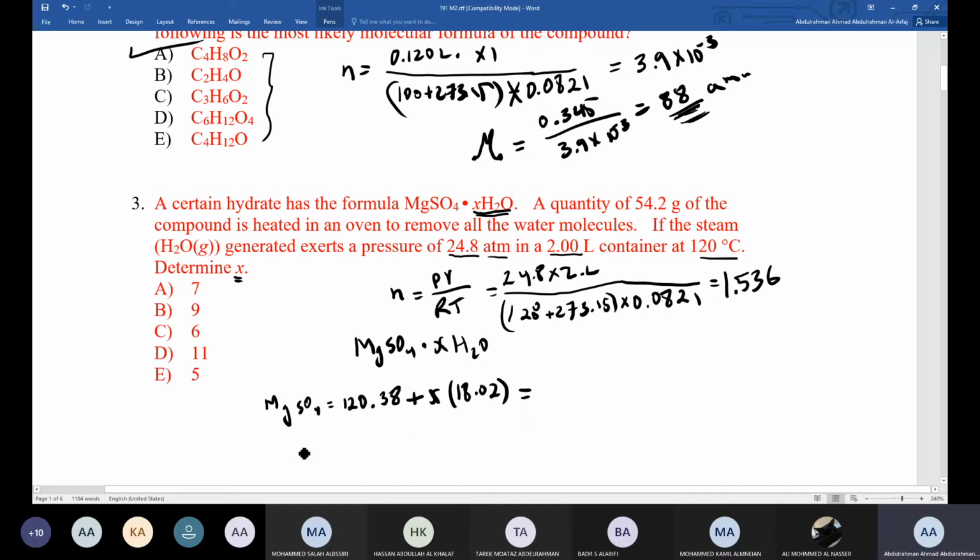Okay, the number of moles of MgSO4.XH2O equals this number, 54.2, divided by 120.38 plus X times 18.02, which is the mass of the water, and this will give you the number of moles.